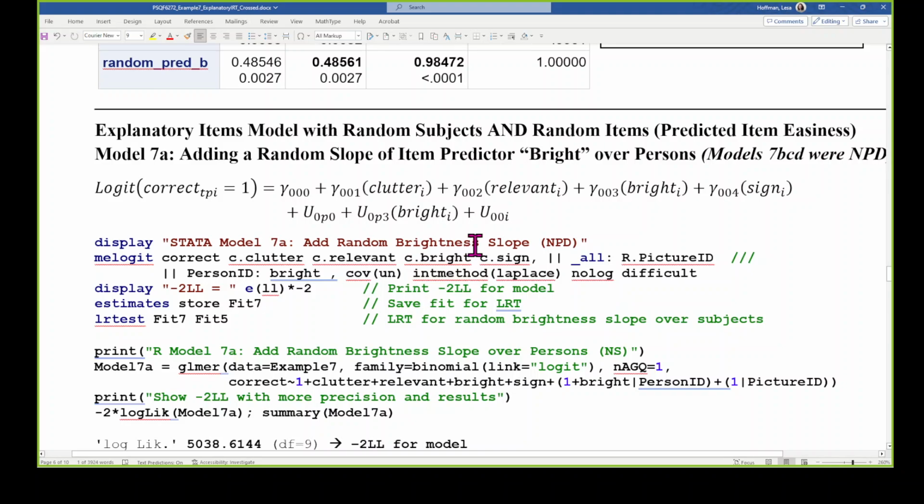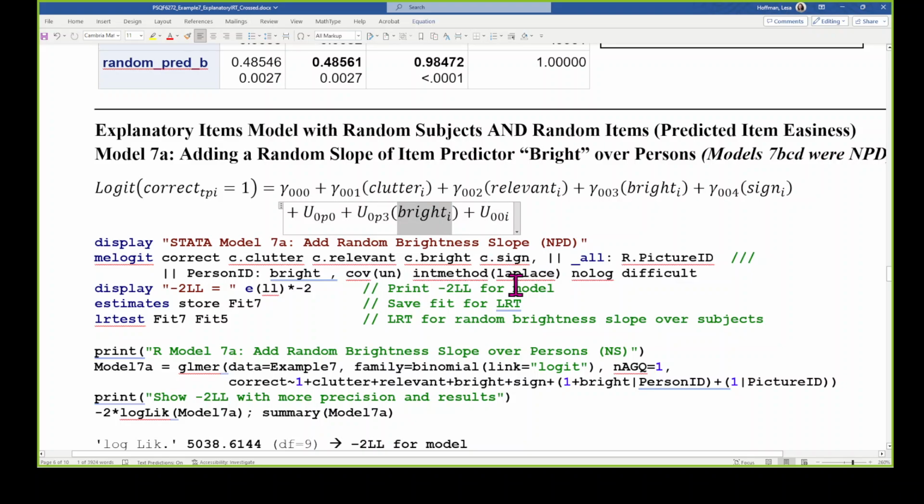What if I wanted to see whether people differentially benefited from how bright the change is? Like maybe somebody whose eyes don't work very well gets more of a boost from a change that takes up more pixels? So could I have a random slope for the effect of brightness?